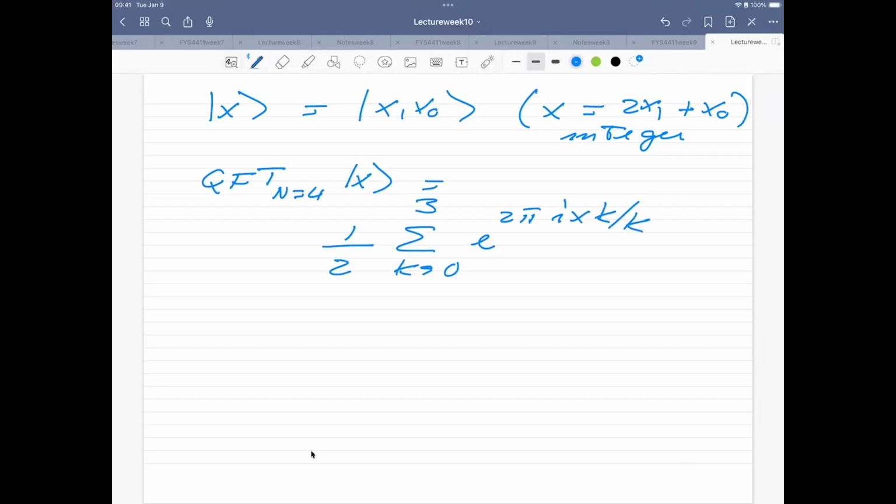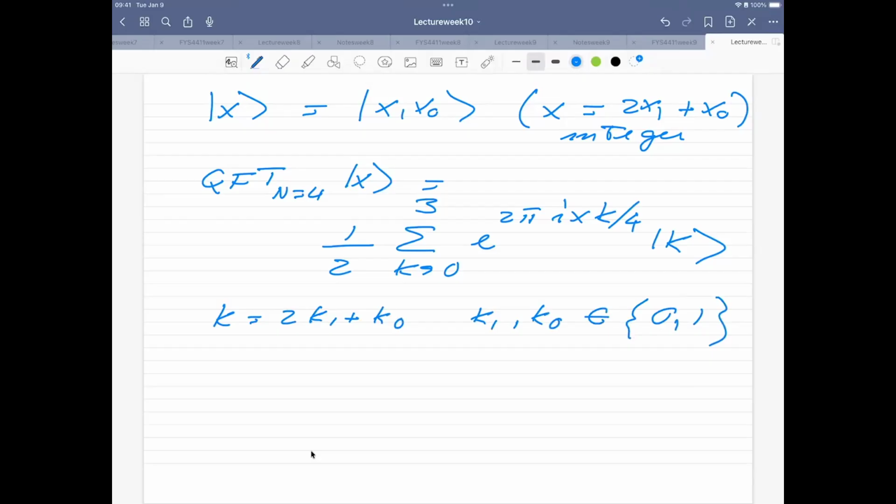Now, sorry, that is divided by 4, which is now n, uppercase letter N, multiplied with k. So since k1 and k0, so we will also have that k is now given by 2k1 plus k0, and k1, the basis which we have, are also states which now can only take values which are 0 and 1.